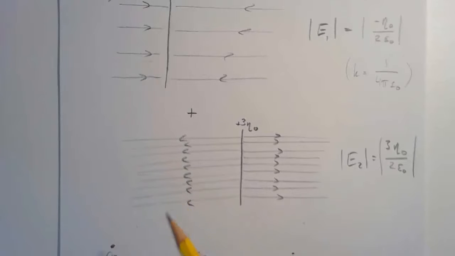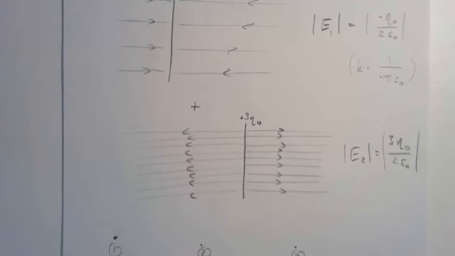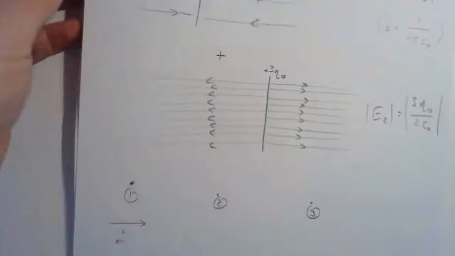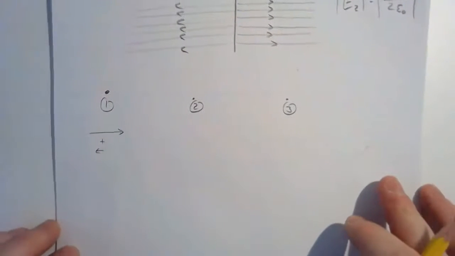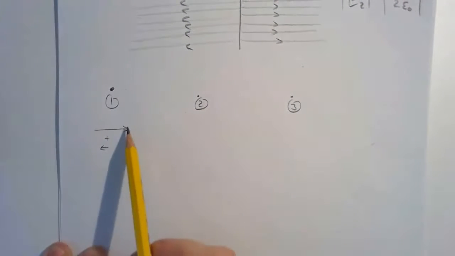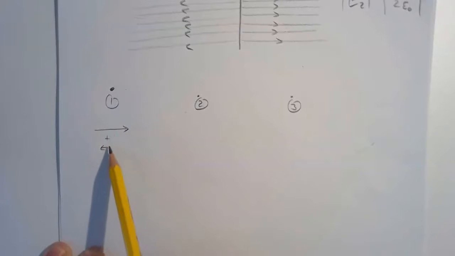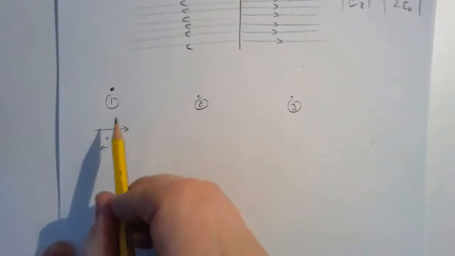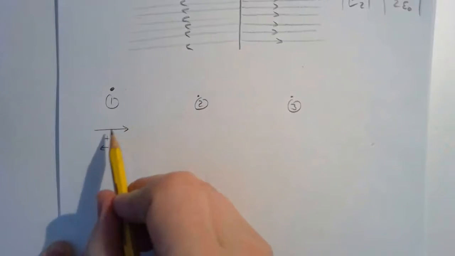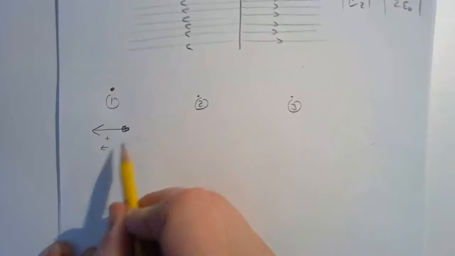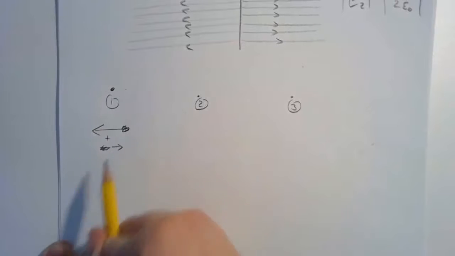So that means when I add them, I'm getting this, and then I add to it this. Oops, you can't see this. Move the paper up, right? This is from the 3 eta 0 sheet. This is from the minus eta 0 sheet. Oops, wrong around. Excuse me. This one is this way, and this one is this way.